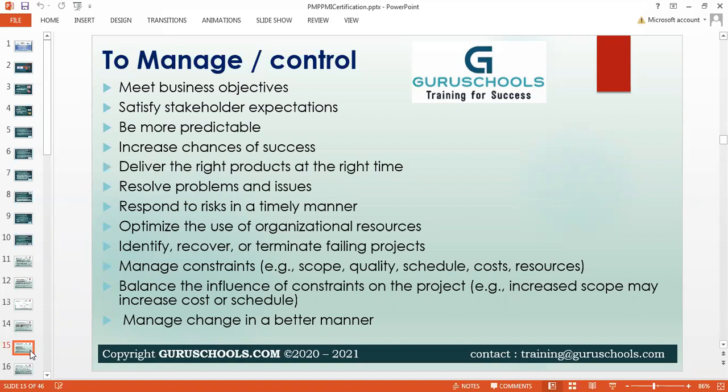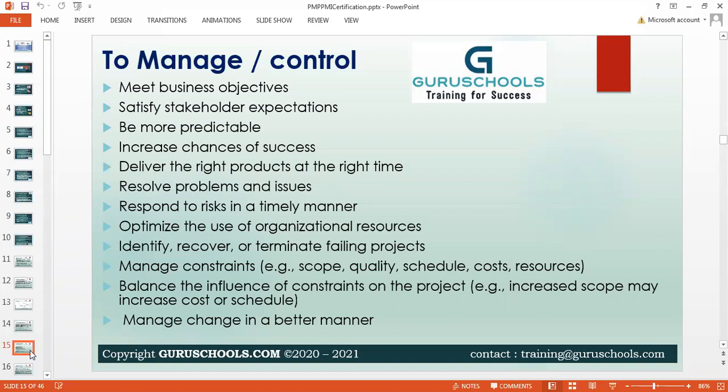That's also perceived. Then respond to risk in a timely manner, so that we can control risk. Many risks are mostly intangible in nature. We'll have a look at this whenever we go in depth into the risk management or risk control knowledge area.